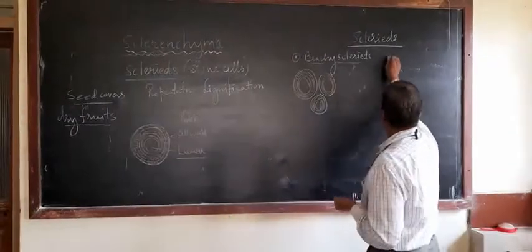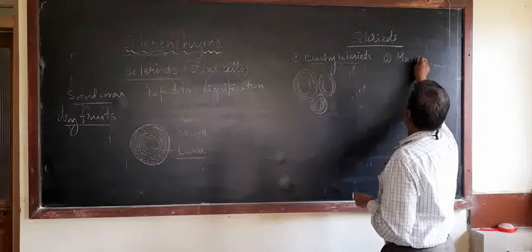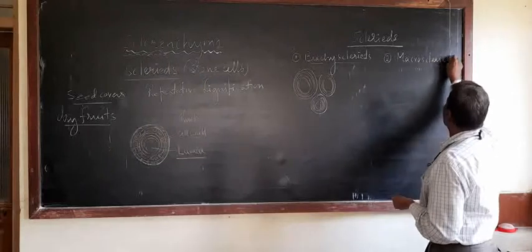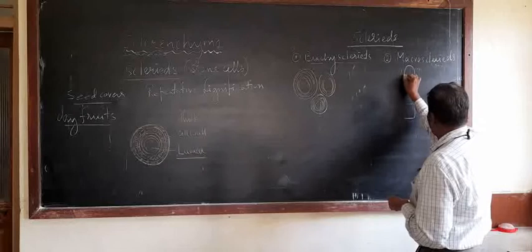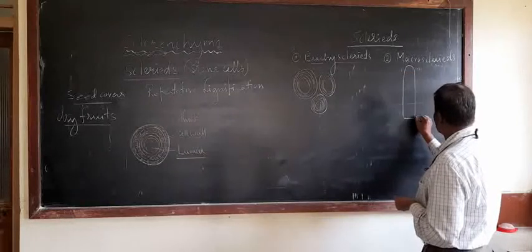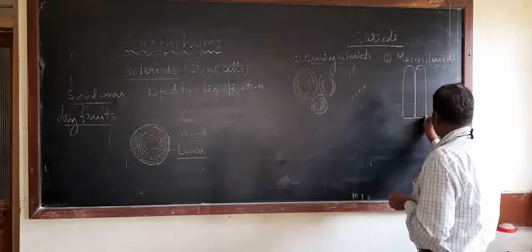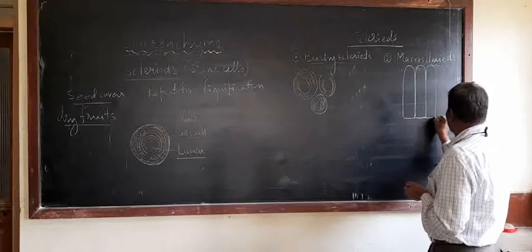There is also a second type of sclereids. We refer to them as macrosclereids. Macro means big. These sclereids are elongated and more or less like this. They are like fingers.